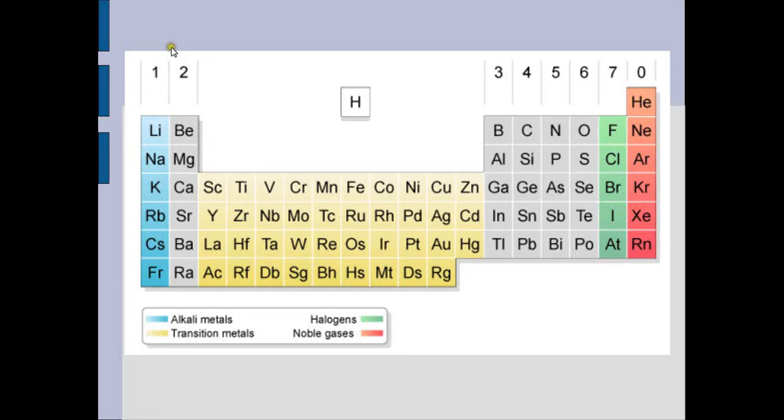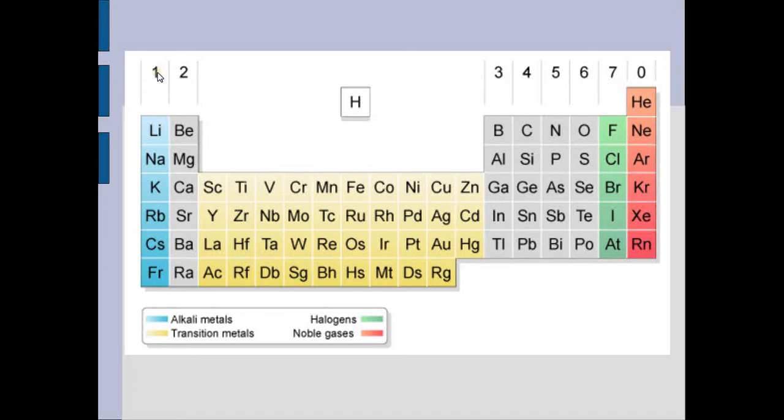We are very concerned about why alkali metals and halogens are special, columns 1 and 7 over here, because the alkali metals have 1 extra electron that they don't need, and the halogens have 7 electrons. In chemistry, usually when we deal with electrons, the magic number is 8.